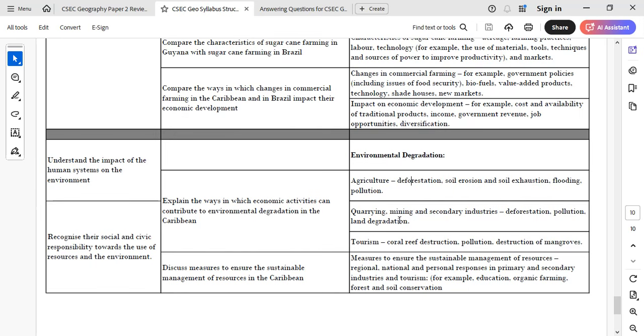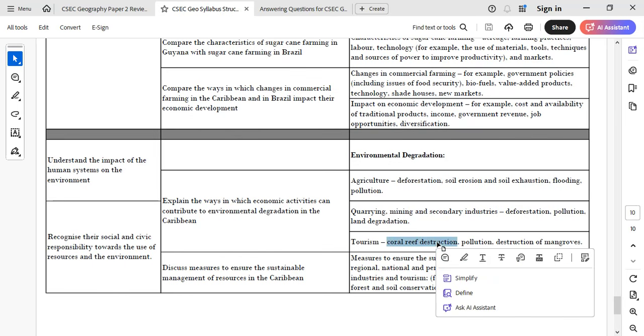But also be mindful that these same things, like coral reef destruction, coral reef is under Section B. There are aspects of Section B, like mangroves, coral reefs, even natural vegetation, that can be negatively impacted by human activities.